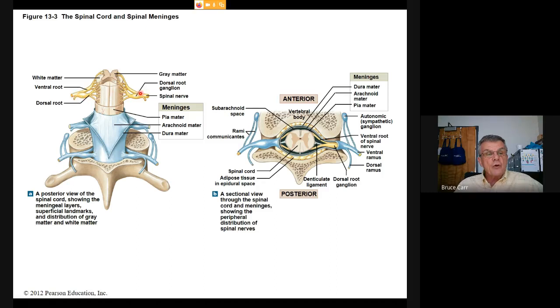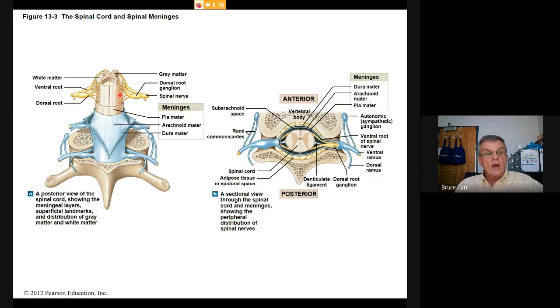You can see here the dorsal root and dorsal ganglion coming in, and once it gets inside these wrappings, it splits, it branches, so that it's actually connecting to the dorsal gray root of the spinal cord up and down all across the expanse of the vertebra that encloses it.